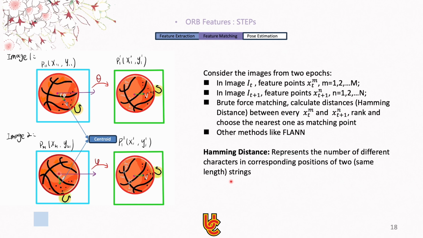We think that is the feature match. As another method, we can use FLANN to accelerate this process. Because for brute force matching, you have to calculate all the features and compare the distances, right? FLANN can accelerate that by reducing the search area.